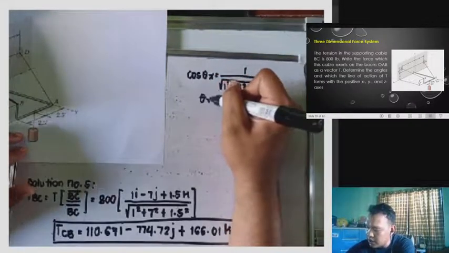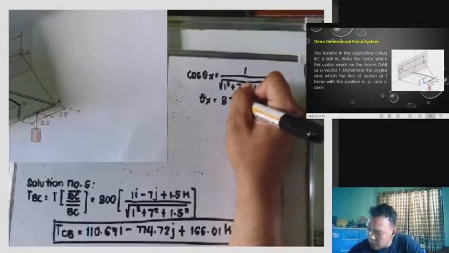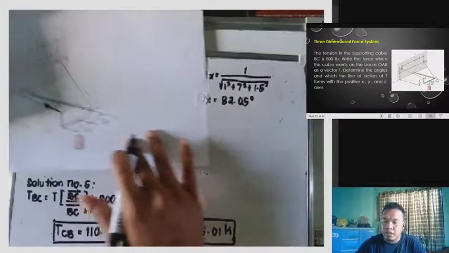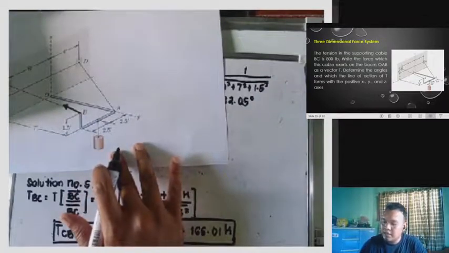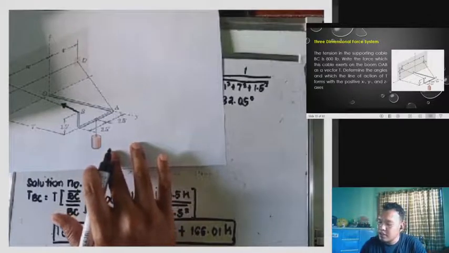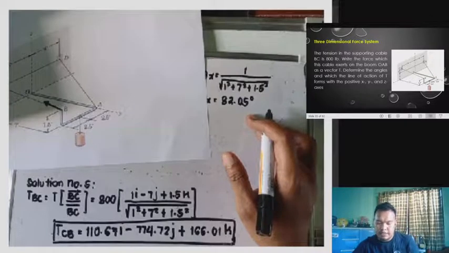So, theta x is equivalent kay arc cosine 1 all over the square root ni 1 squared plus 7 squared plus 1.5 squared. So, we have here theta x is 82.05 degrees. So, ibig sabihin, yung angle x natin is 82.05 degrees. Okay.